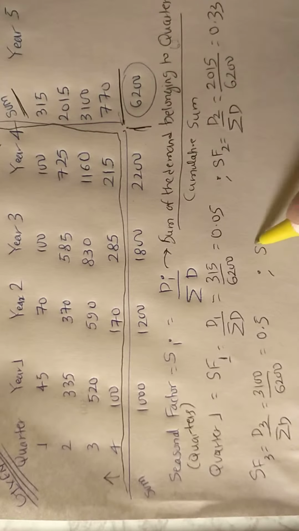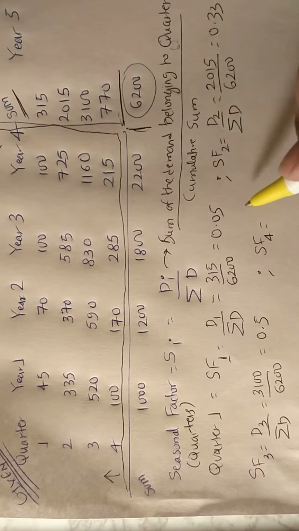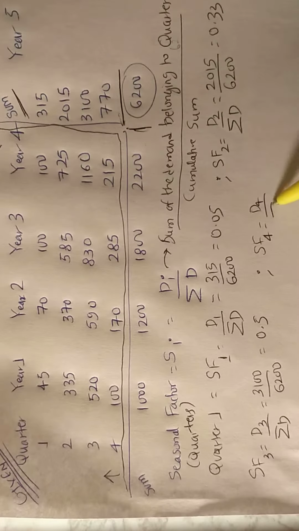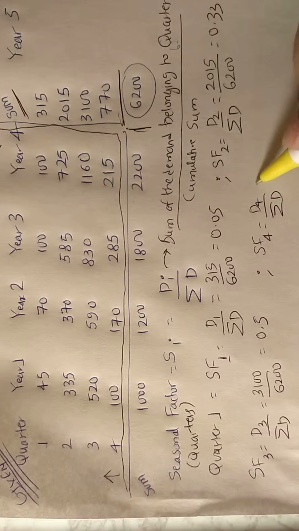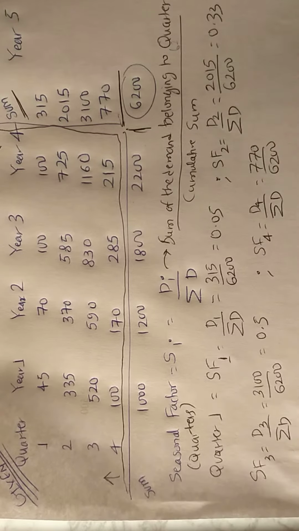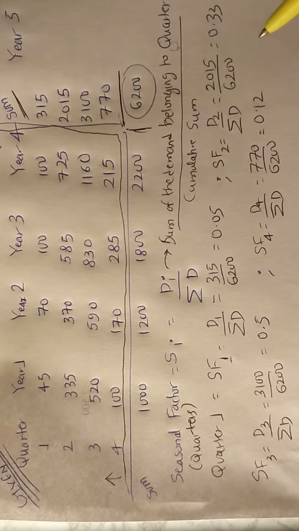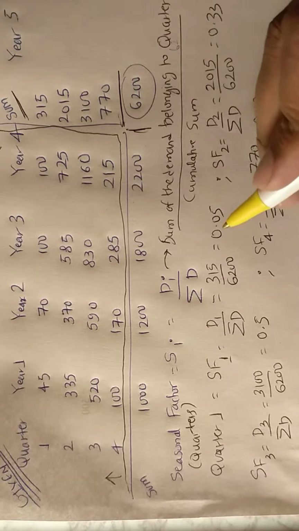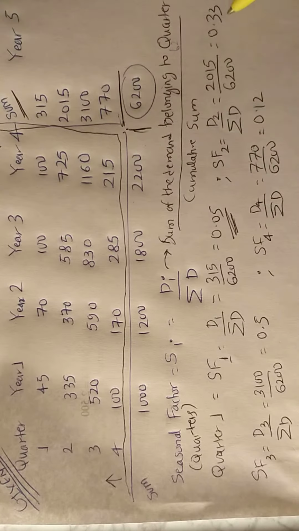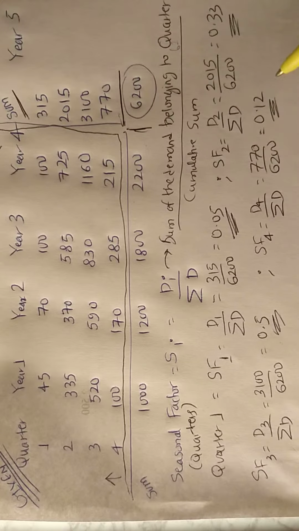And then SF4, the seasonality factor for quarter 4, is equal to D4 over the summation of D, which is 770 over 6200. 770 divided by 6200 equals 0.12. So these are our seasonality factors for quarter 1, quarter 2, quarter 3, and quarter 4.